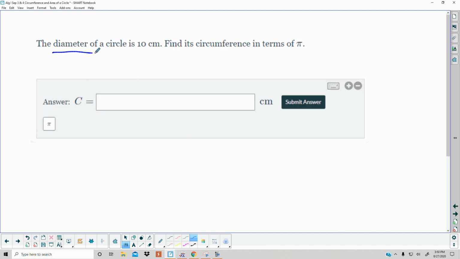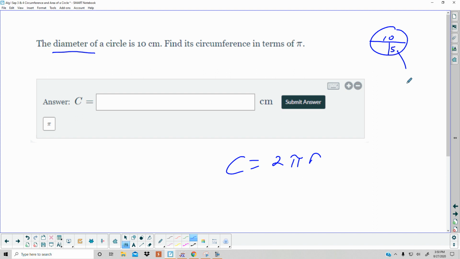They tell you the diameter of a circle is 10 centimeters. So remember, when you have a circle and you have the diameter, the radius is half the diameter. So if they're telling you that's 10, then this is 5. Now you have some options. Circumference is 2 pi r.